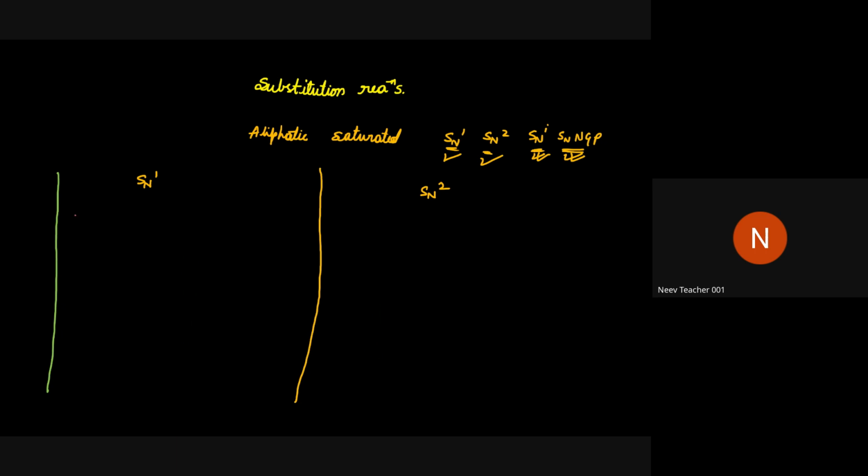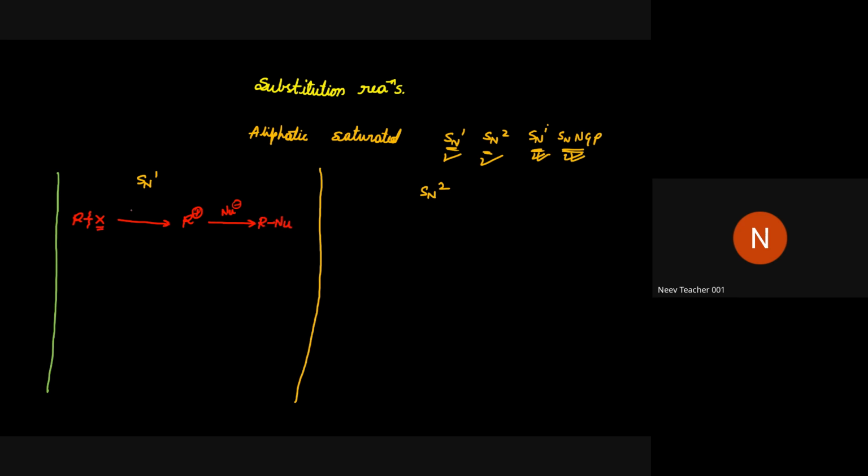So I have an alkyl halide, generally. And in SN1, what happens? The first step is where a leaving group is broken from our alkyl part. So we get a carbocation which is forming as an intermediate. This intermediate again reacts with a nucleophile, so we get a new bond in place of the leaving group.